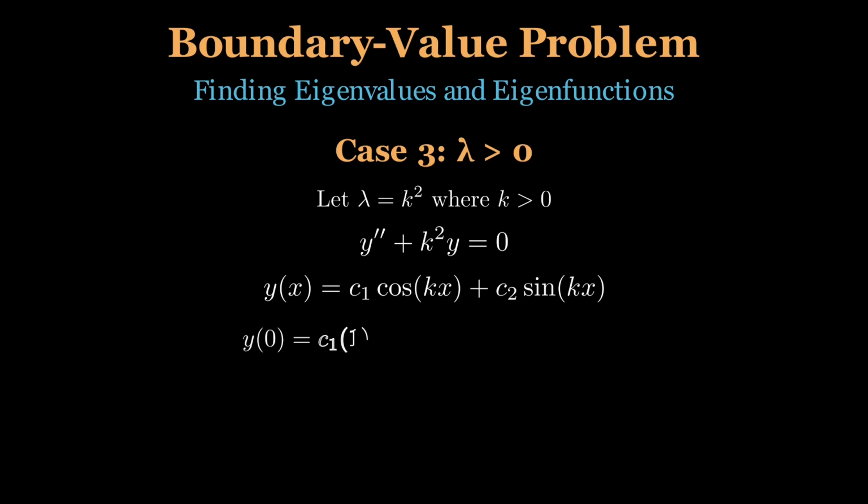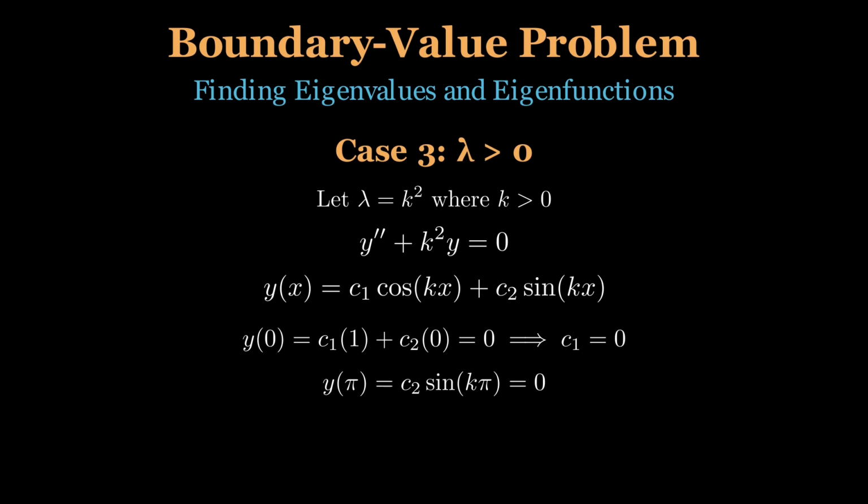Applying y(0) = 0 forces c1 to be 0, since cosine of 0 is 1. Applying y(π) = 0 gives c2 times sine of kπ equals 0. To avoid the trivial solution, c2 must not be 0.